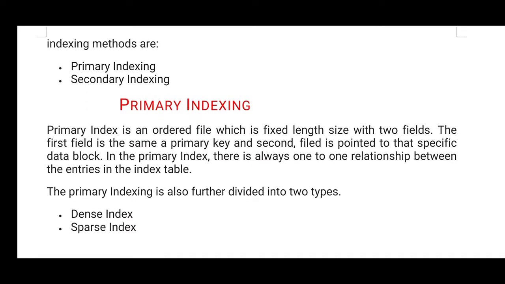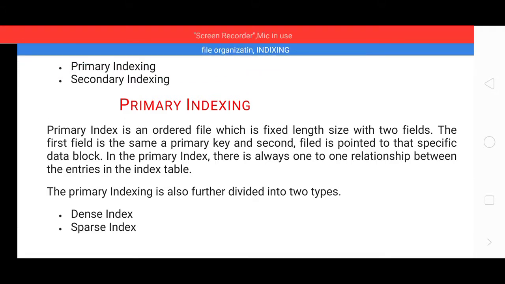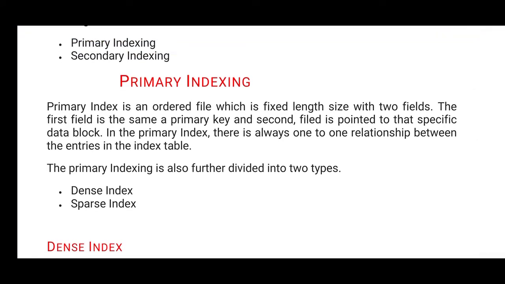The first one, primary indexing, is an ordered file which is of fixed length size with two fields.